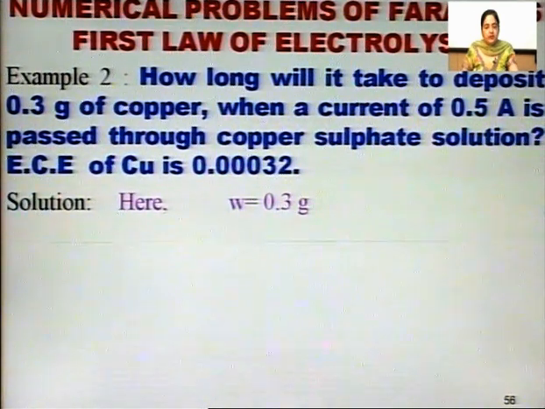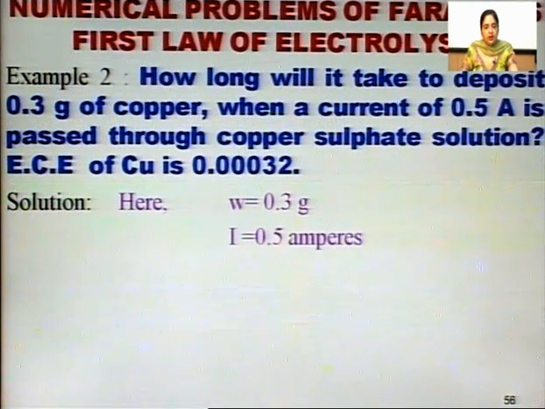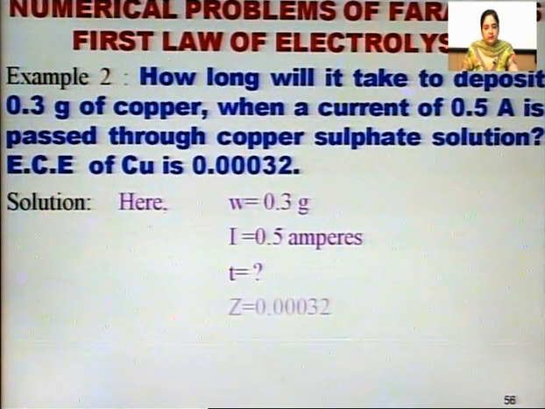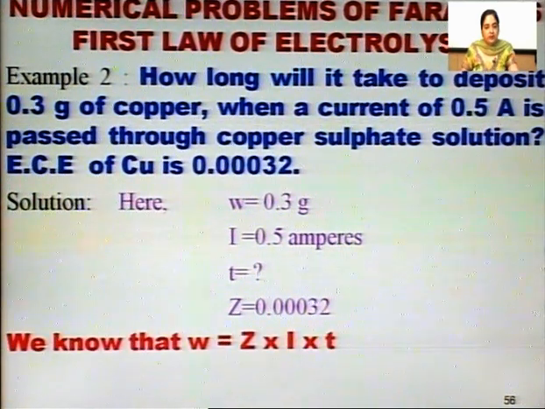Solution: W is equal to 0.3 gram, I is equal to 0.5 ampere. Now what is T? Z is equal to 0.00032. Now W is equal to Z into I into T. Put the values.